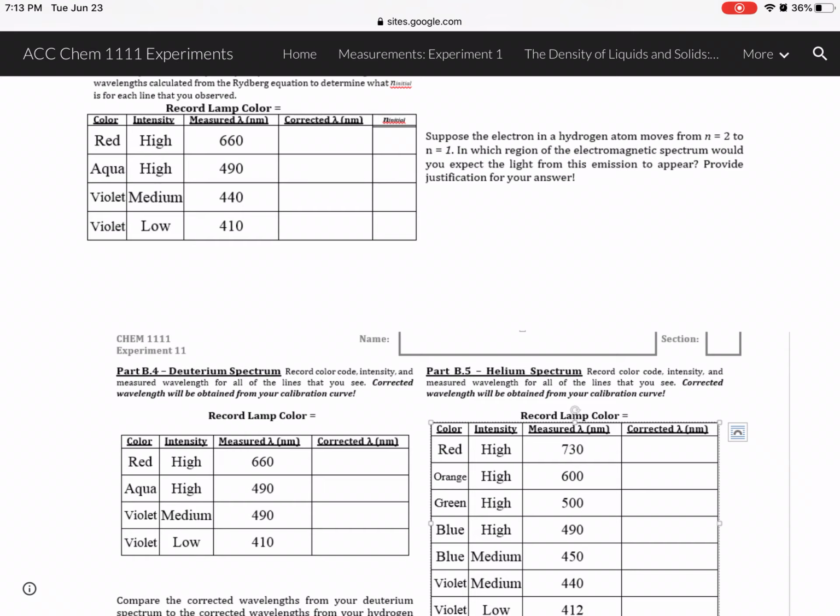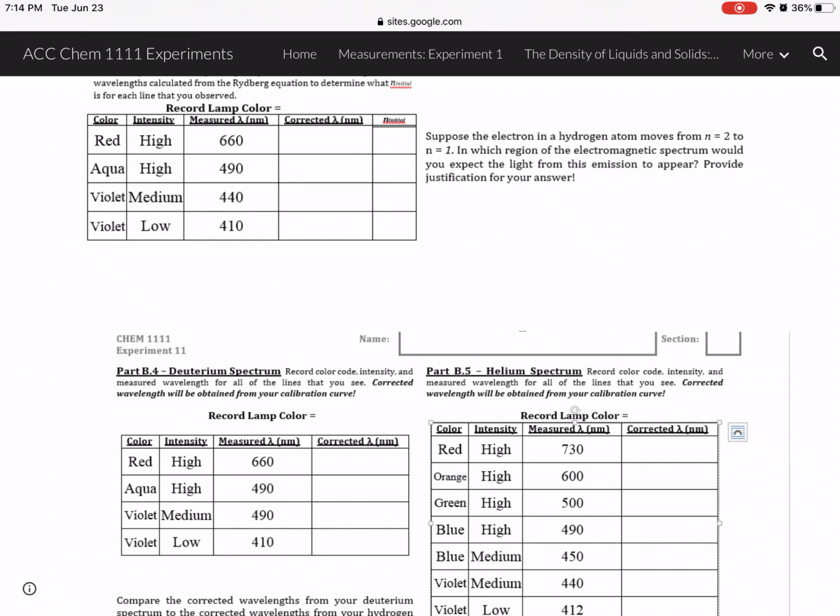Now let's look at the deuterium and hydrogen. The top one is the hydrogen spectrum, the other one is the deuterium spectrum. We have measured wavelength 660, red; aqua 490; violet 4... is that a mistake? 490, maybe not. Violet 410, I wonder if the violet of the deuterium is supposed to be 440, but that's okay.